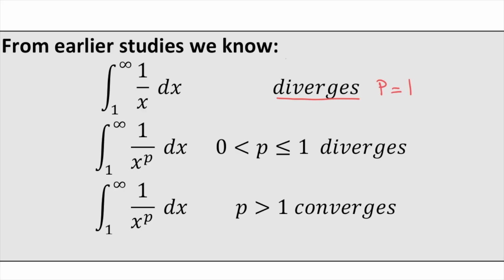This again had a special name, and it was called your harmonic series. And we also then looked at the integral from 1 to infinity, 1 over x to the p. For values between 0 and 1, we found that this integral was divergent. However, for p's greater than 1, we knew that our integral was convergent.